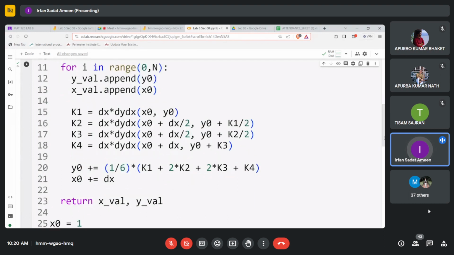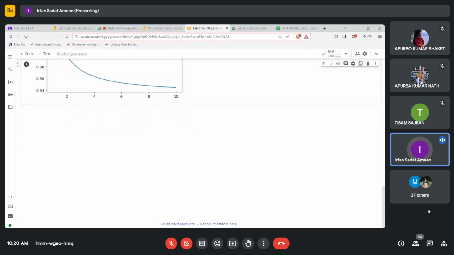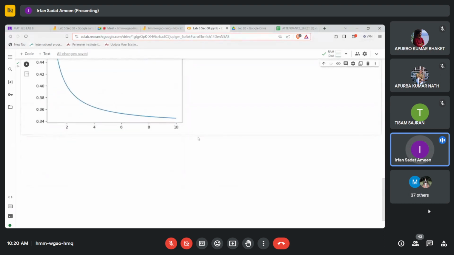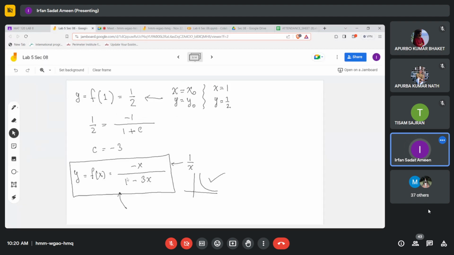Okay, if there are no questions then the RK4 method is done. So what is left is doing differential equations using packages. First let's see how we can solve it symbolically and get this answer. If we use our initial values correctly symbolically, we are supposed to get this expression.